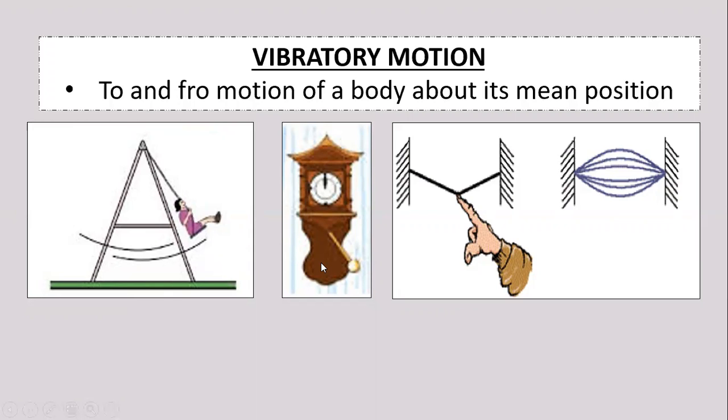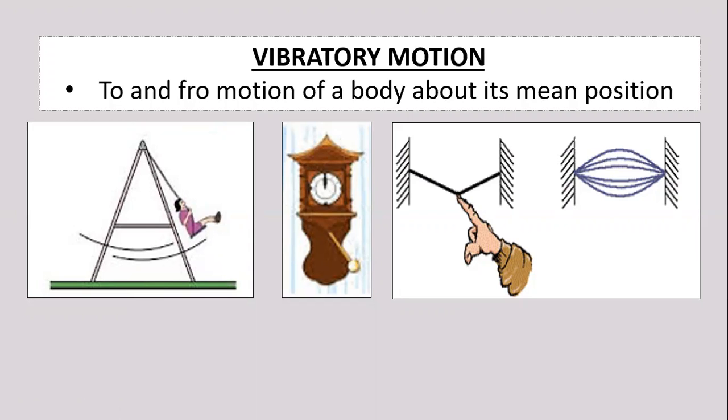Consider the second example. The motion of the pendulum of a clock. This is a pendulum, this yellow stick with a ball hanging. Let's say if it was stationary, it was straight, vertical. When it starts moving, that straight position was the mean position.